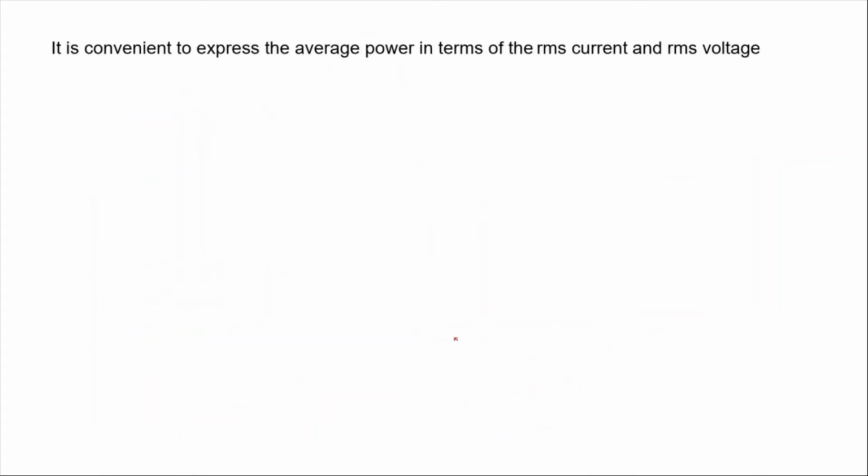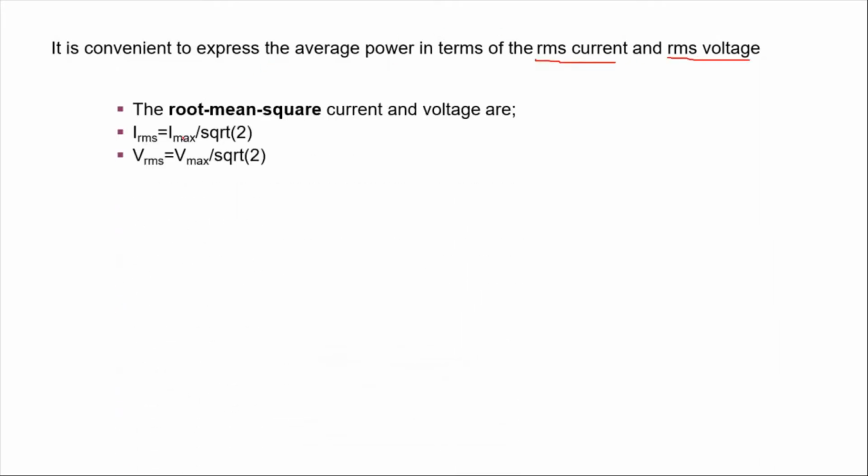We can also express the power in terms of RMS current and RMS voltage. We know that the RMS current is equal to the maximum current divided by square root of 2. Let me write it: I RMS is equal to I max divided by square root of 2.